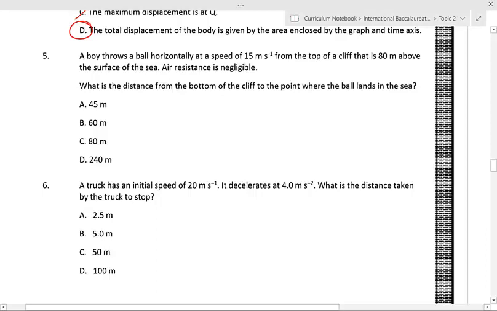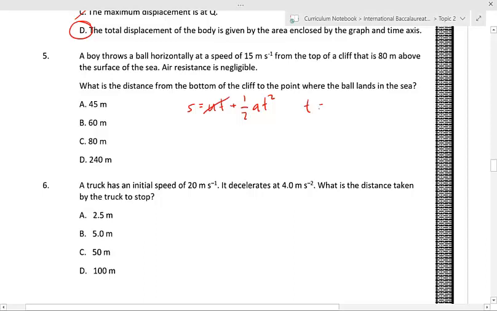So the time we find by using s equals ut plus half at squared. And because it was launched horizontally, u is 0, so that goes away.